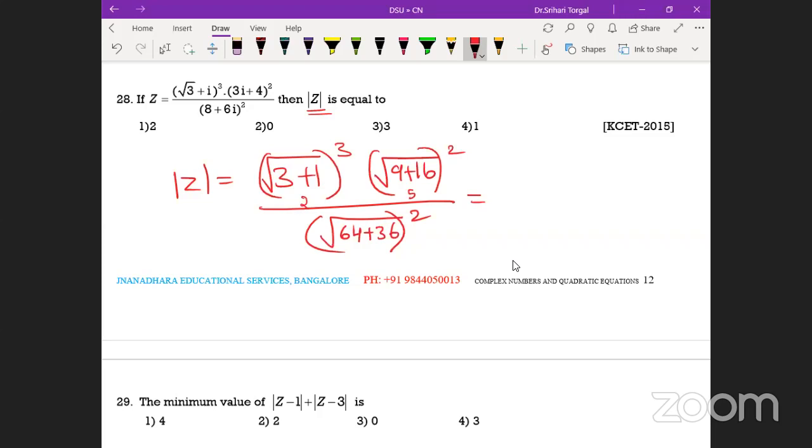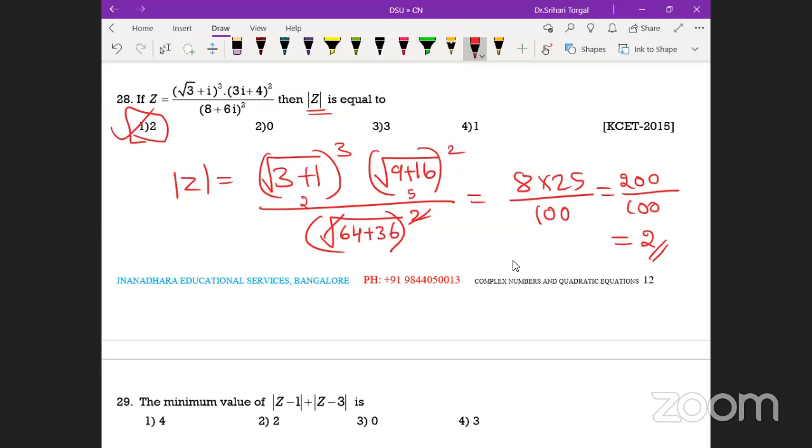And this is 5, correct? 2 cube is what? 8. 5 square is 25, and the square and square root get cancelled. 64 plus 36 is 100. 25 into 8 is 200, right? Answer is 2. Yeah, option 1, 2 is the right answer.